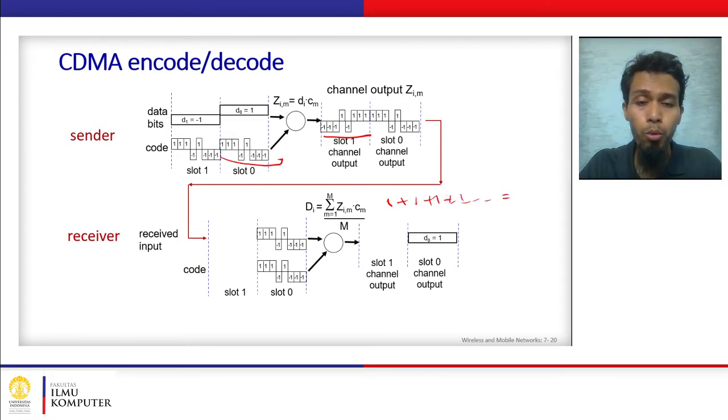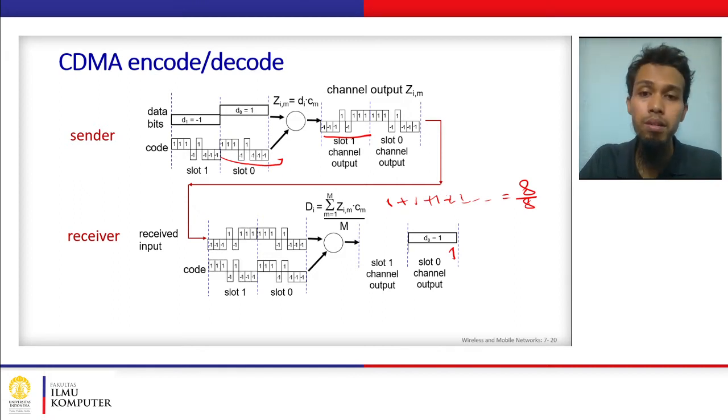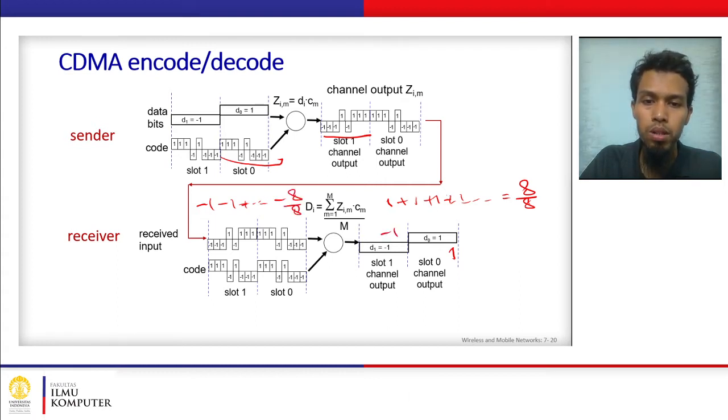So we end up with 8. 8 divided by the number of chips, which is also 8, gives us 1. Similarly for the other slot, we multiply minus 1 with 1 is minus 1, minus 1, minus 1, and so on. Then we end up with minus 8 divided by 8, which is minus 1. So we can recover the data at the receiver.